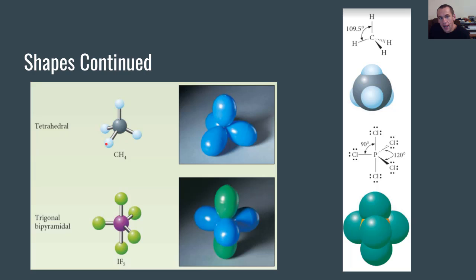It's got 4 sides. If you think about that, it's got 4 triangular faces that connect the electronic groups around the central atom. And this is trigonal bipyramidal. You see these 3 around the equator of the central atom, and then one above and one below. Those are called trigonal bipyramidal because you've got a triangle and 2 pyramids coming off of that triangular base.